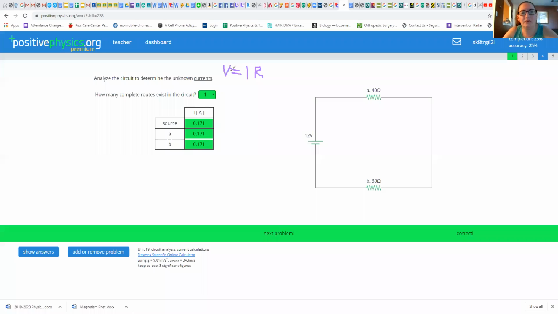Okay, so your voltage is going to be your total voltage in here from the battery, which is 12. Our total current, we still don't know. The R value is the resistance. So for series, your total resistance is just your resistors added together. So this is 40 plus 30.